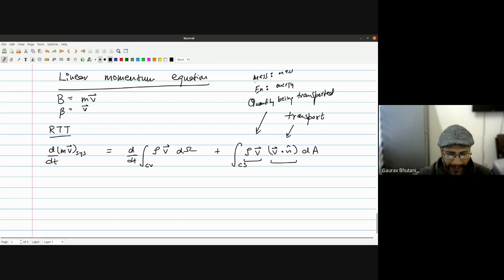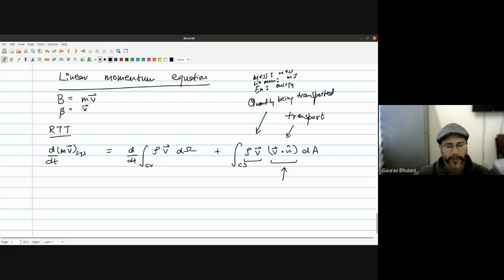In case of momentum or linear momentum, the quantity being transported is linear momentum, which is basically m times v. So the velocity which is resulting in v dot n, that's resulting in a transport. In this case, it's actually transporting momentum, which has v in it.